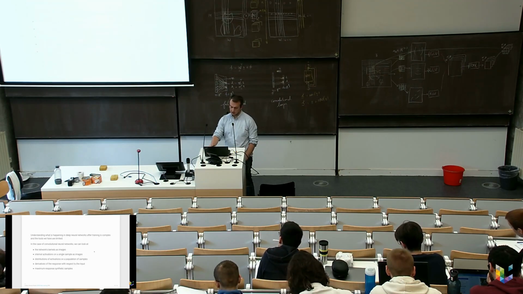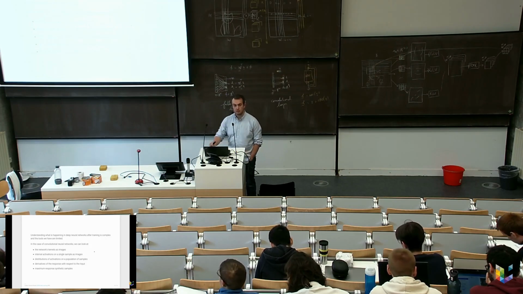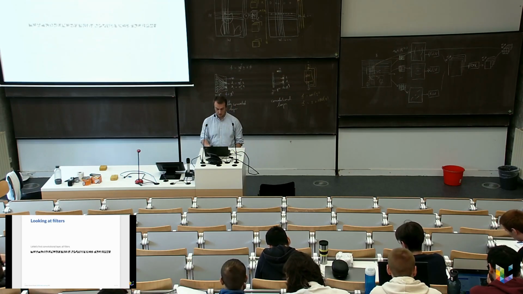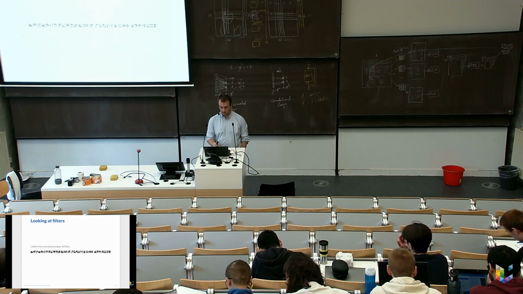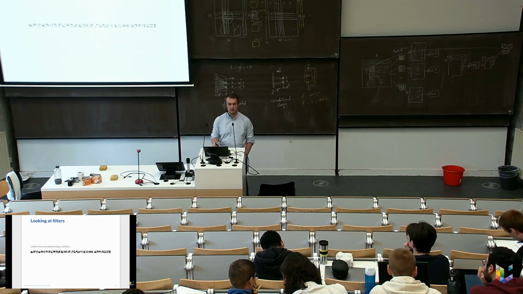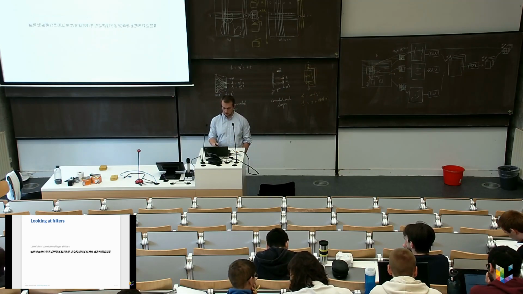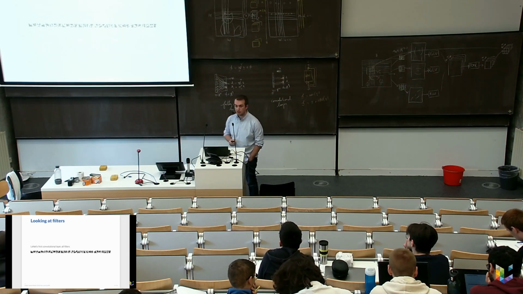Okay, so let's take the first one, looking at kernels as if they were images. If you take, for example, this LeNet architecture, the one which was used in the video to classify these digits, and you have a bunch of kernels, and you look at them as if they were images, in this case 5 by 5 small images, this is the kind of images that you would get. So how would you interpret that?